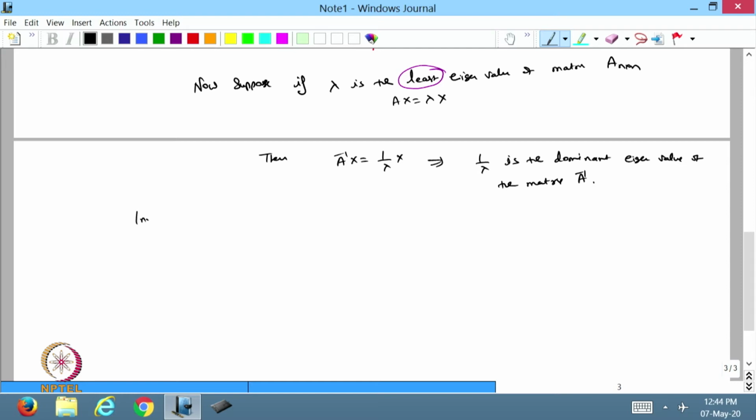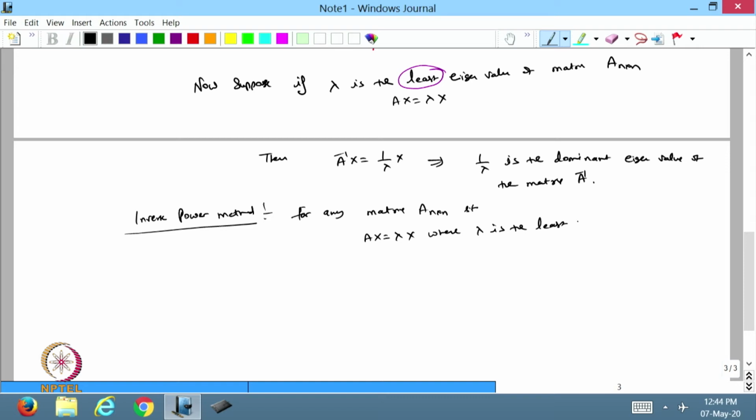So, what is the inverse power method? The inverse power method is this: for any matrix A that is n cross n, such that A x is equal to lambda x, where lambda is the least eigenvalue in magnitude of matrix A, applying the power method to A inverse is called the inverse power method.